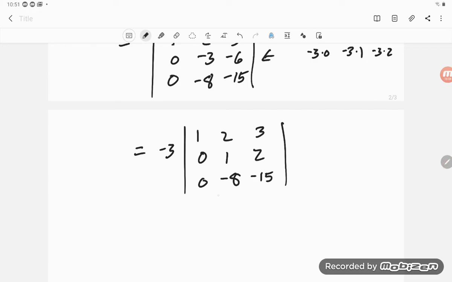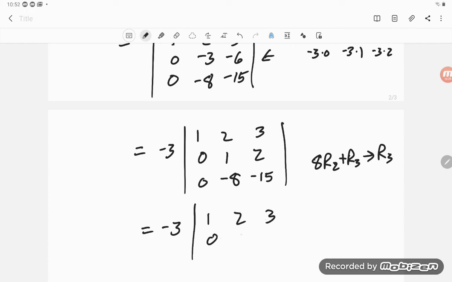And now, if I want here, I can take 8 times row 2, add that to row 3 and put it in row 3. And so that will mean I'll still have that -3 out front, but I'll have 1, 2, 3, 0, 1, 2, 0, 0, and I added 8, or multiplied by 8, so that's convenient, that's a 1.